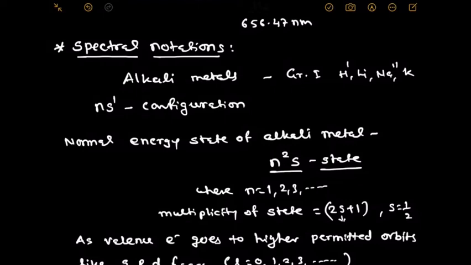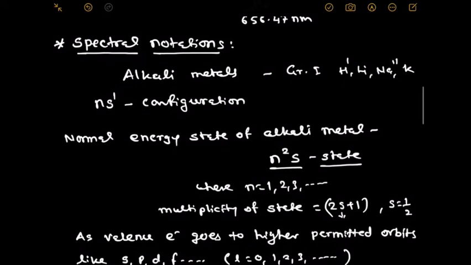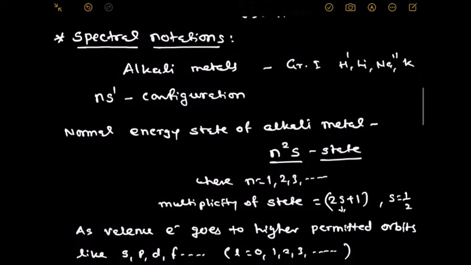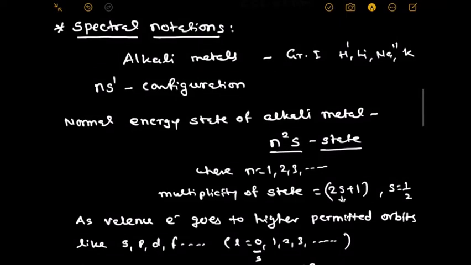Now the higher permitted orbits are S, P, D, F. These are the subshells. The subshell corresponding to l equal to 0 is S, l equal to 1 is P, l equal to 2 is D, and l equal to 3 is F. Now these are the higher permitted orbits.